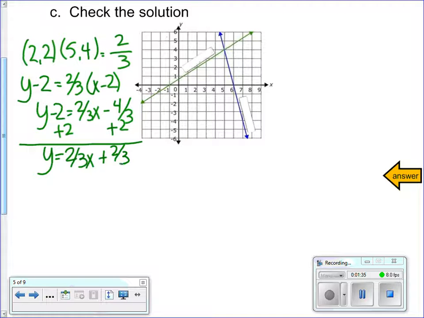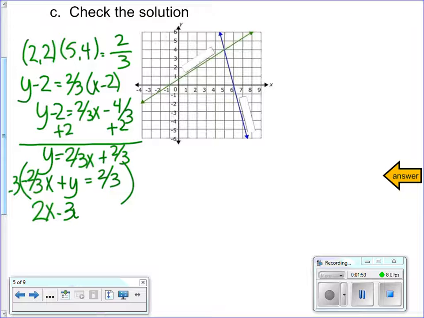Now to move it into standard form, I have to subtract 2/3 x from both sides. Negative 2/3 x plus y equals 2/3. Then I'm going to multiply everything by -3. So I get 2x minus 3y equals -2.